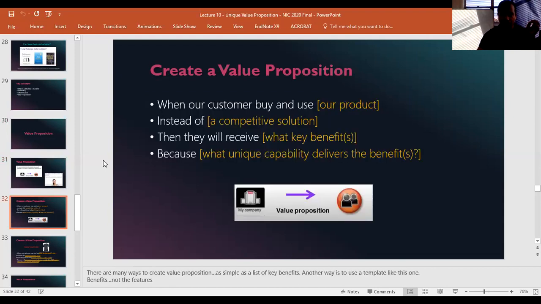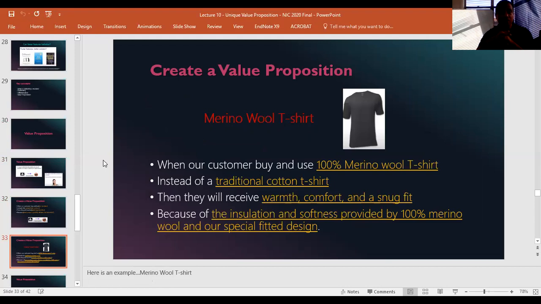Let's take an example of a merino wool t-shirt. How has this company crafted the value proposition statement? It says that when our customer buys and uses a 100% merino wool t-shirt, instead of a traditional cotton t-shirt, they will receive warmth, comfort, and a snug fit because of the insulation and the softness provided by 100% merino wool and our special fitted design.